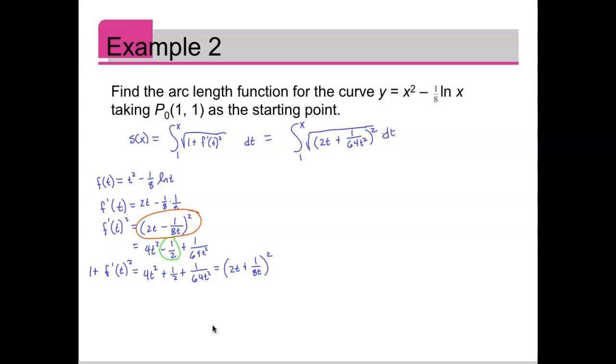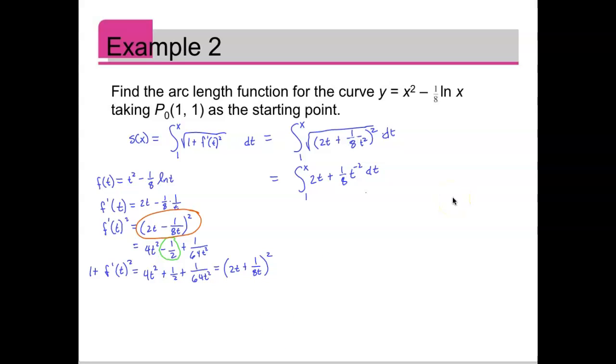That's really good for us, because now we have a perfect square under a square root. We can just take the square root. We don't have to do anything crazy like use a trig substitution. We end up with just 2t plus 1 over 8t. I'm going to rewrite that as t to the negative 1, because we are going to be doing a little bit of calculus with it, some antiderivatives.